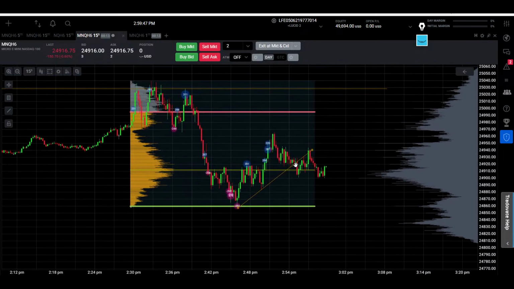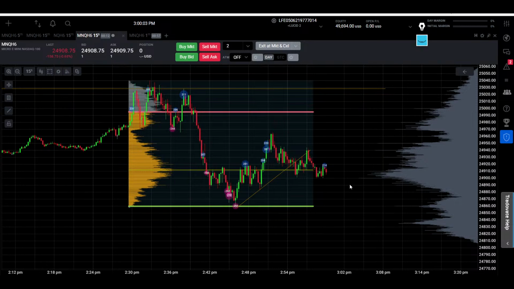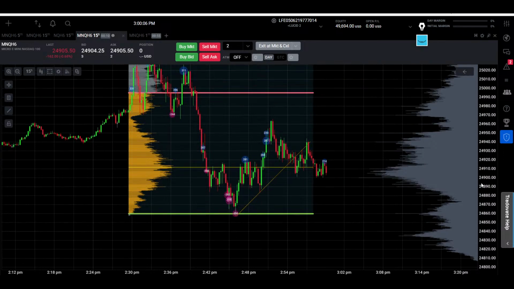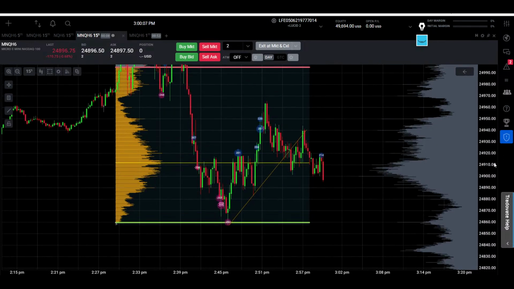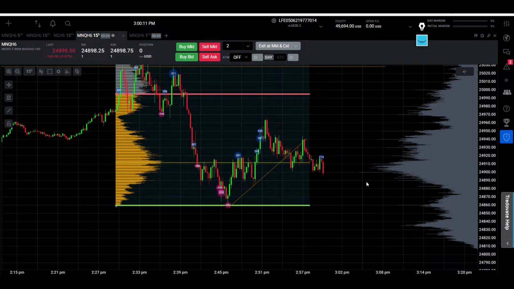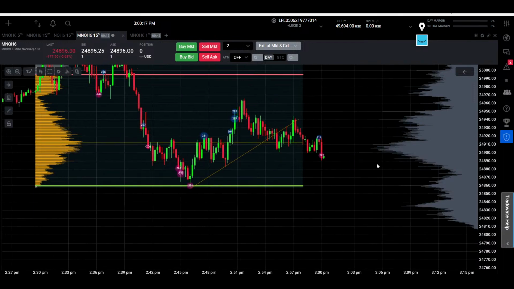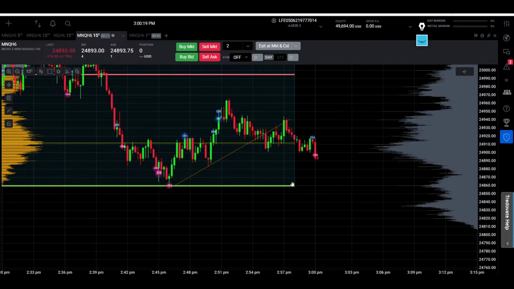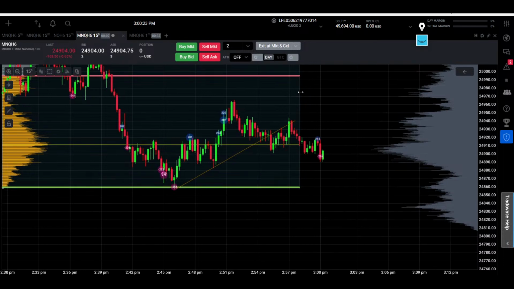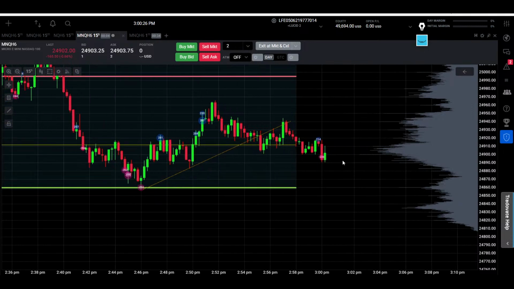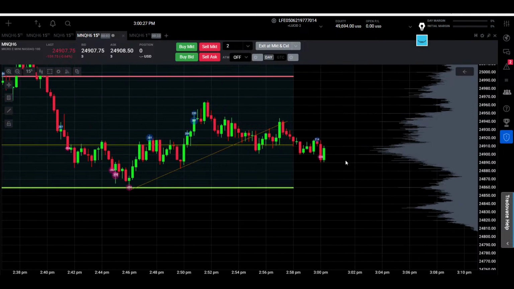The fact that this was a very strong setup and it didn't come down here tells me that the price is really without any volume. You see, it's just luring in traders.